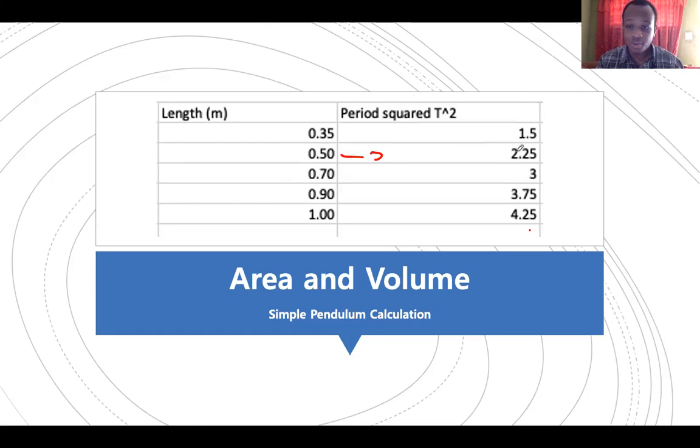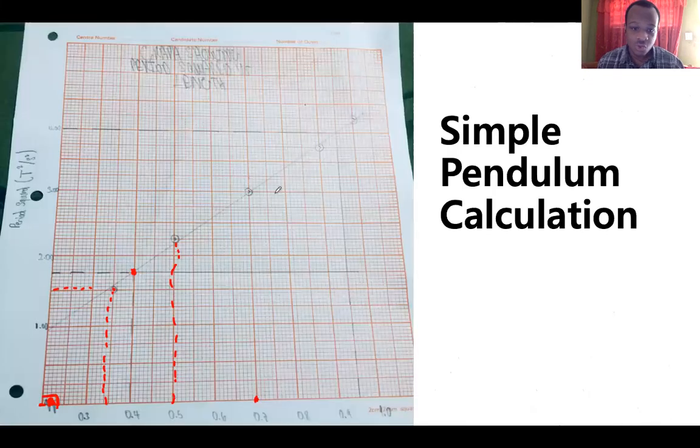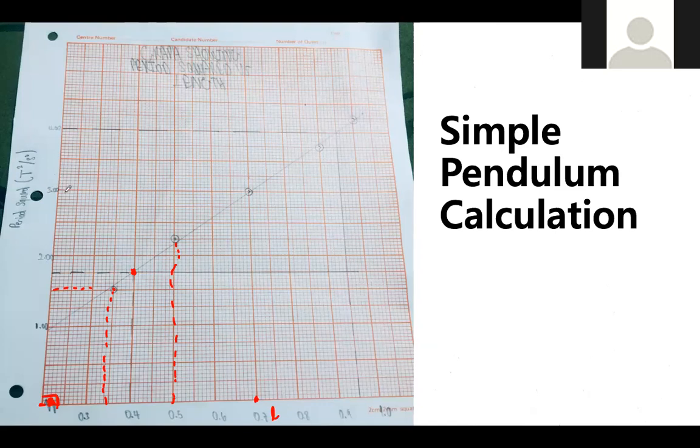Remember that length is down here and we have period squared over here. So we match this up to 2.25, in the middle of 2 and 3.